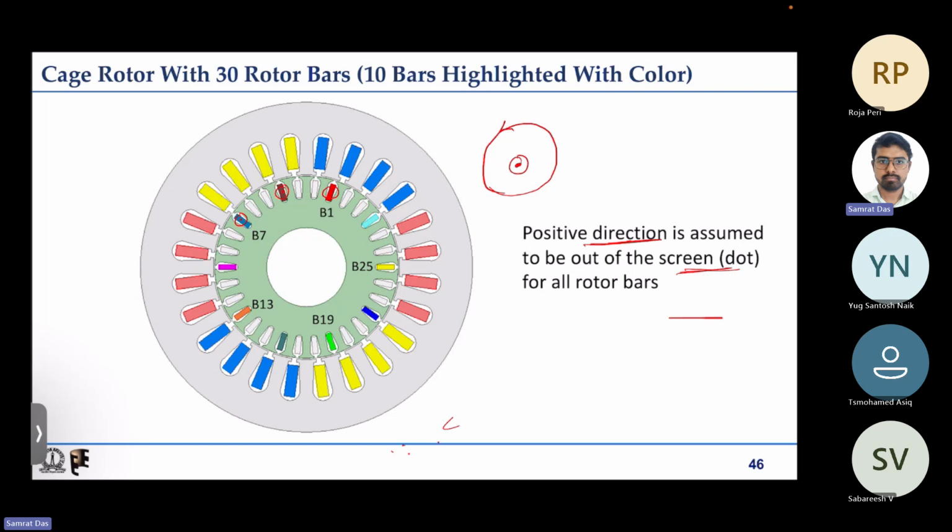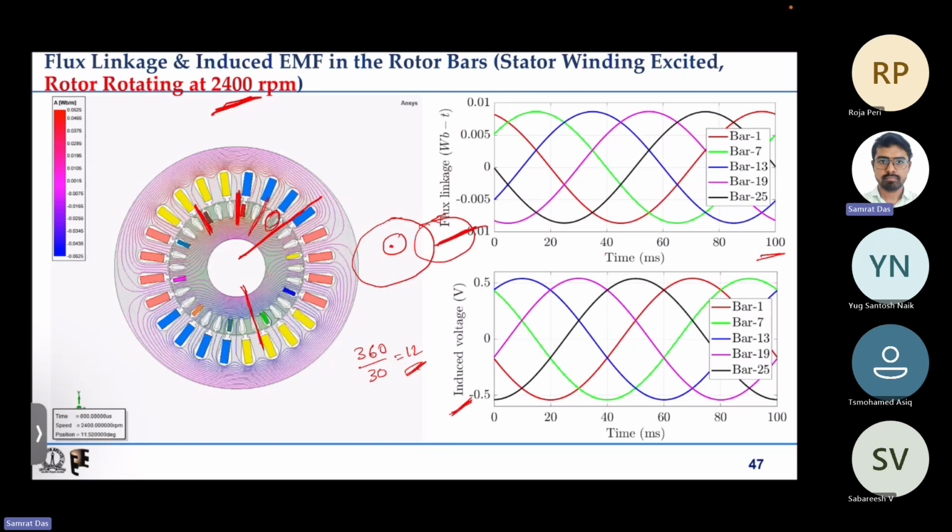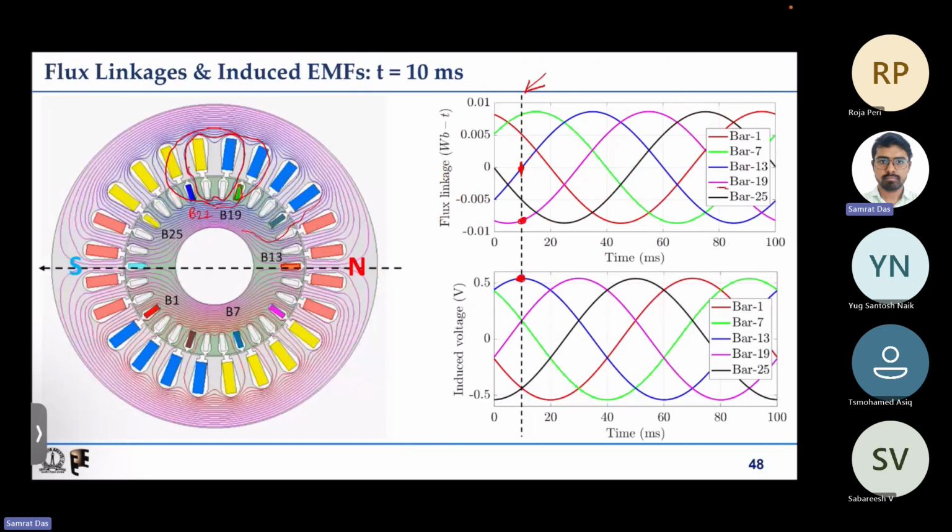So if any flux line encloses a conductor in the anti-clockwise direction, then we will call it positive flux linkage. And if the same bar is enclosed in the clockwise direction, then we would call it negative flux linkage.